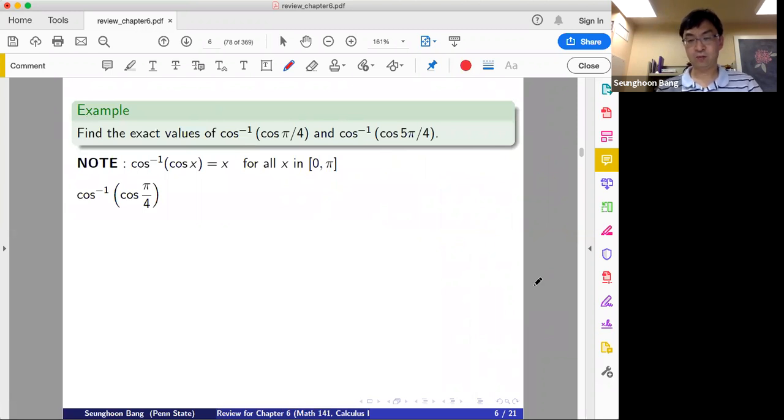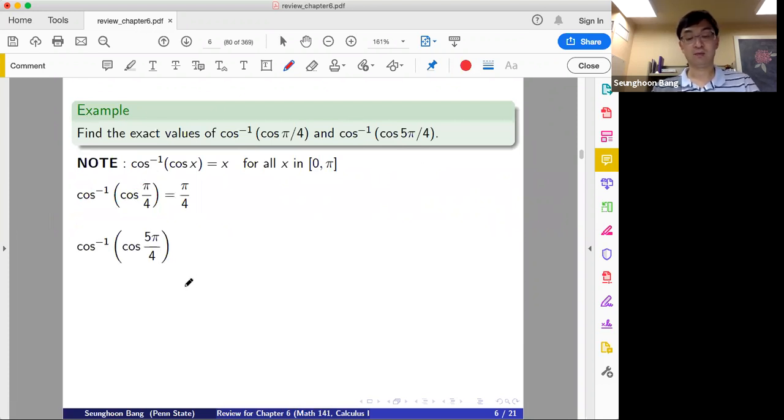Do you have more? That's good. Yes. Here, pi over 4. Pi over 4 is between 0 and pi, right? It is in the domain. Yes. You can use the cancellation equation, pi over 4.